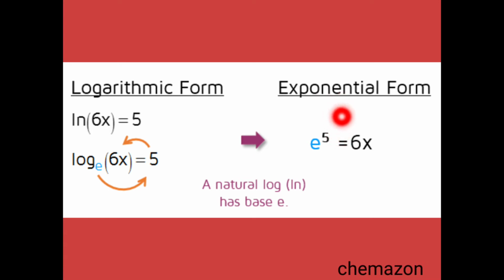Now how to convert exponential form into logarithmic form? You do the reverse. You add log here and you bring this e back to the subscript of log, like this, and the superscript, which was 5, will come down like this. So this is a trick in which you can convert logarithmic form to exponential form and exponential form to logarithmic form.